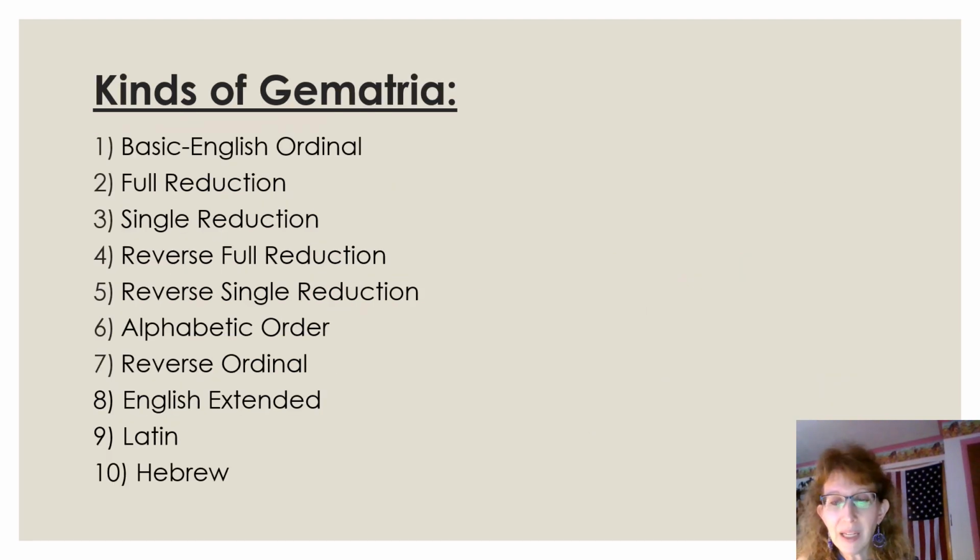There are many kinds of Gematria, many different types. I've heard that there's about maybe 40 or more, but I only have about 20 listed, so let's just look at each one of those. Number one is basic English ordinal, and that's what I'll be using with the pages that I have, with the information that I have.